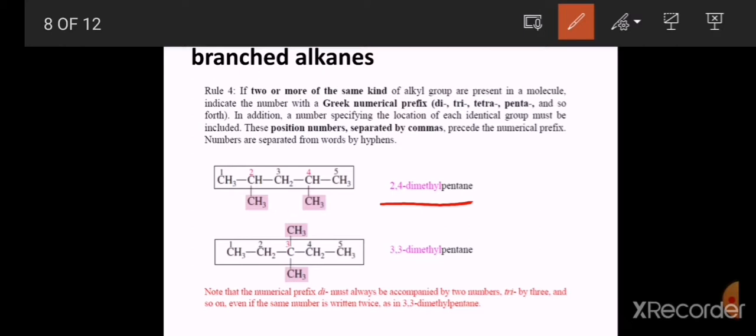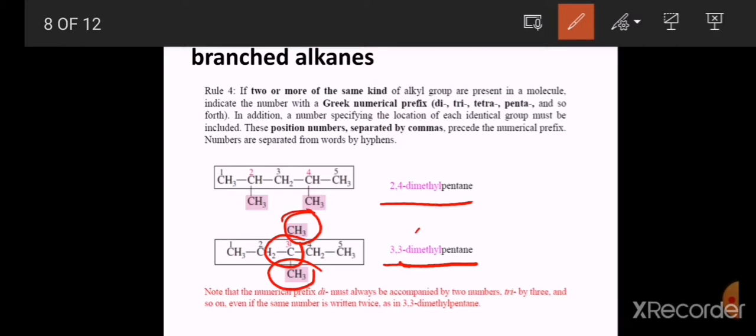Okay, next one would be, paano naman kung parehas sila ng carbon atom na pinag-attachan? So, ulitin lang natin yung 3. 3, 3. Tapos magkakaroon tayo ng di, kasi to indicate that there are two methyl groups that was attached on the third carbon of the parent chain. So, 3,3-dimethylpentane.